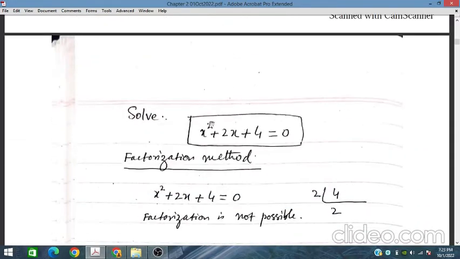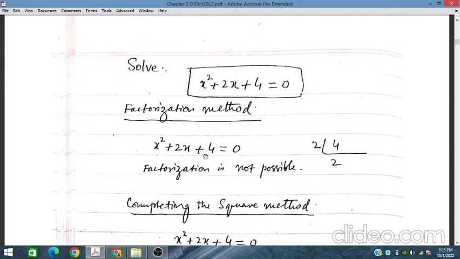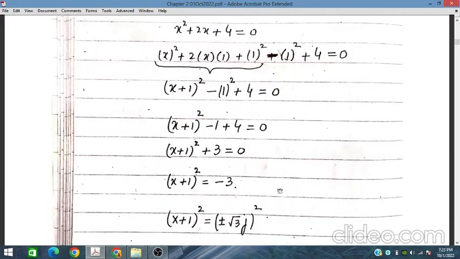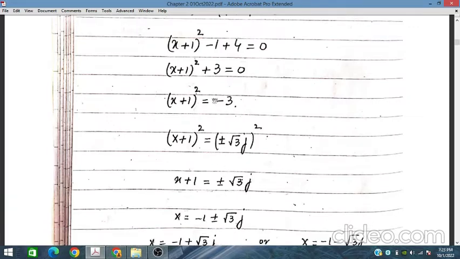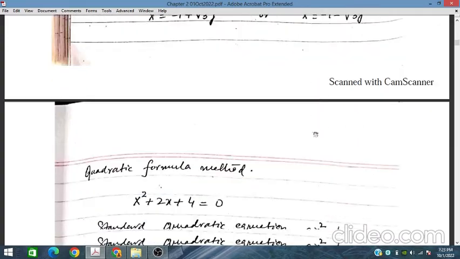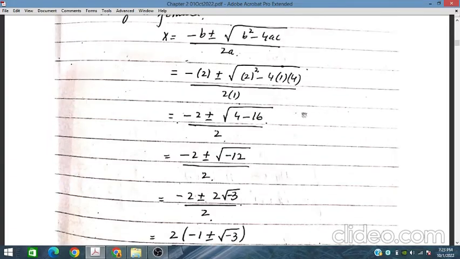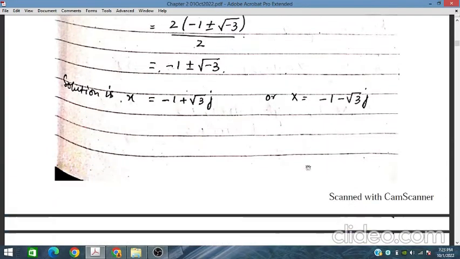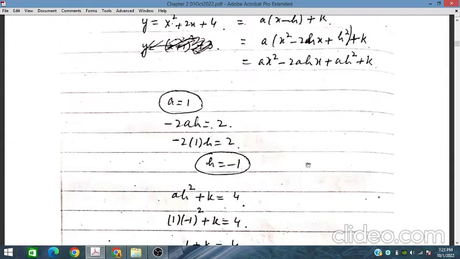Similarly, for this case, here we can see that there is no possible factorization, and by completing the square we see that the square root of minus 3 cannot be taken. So we transform into an imaginary number, and we will get x in terms of complex numbers, and these complex numbers are not real. So there is no real solution.